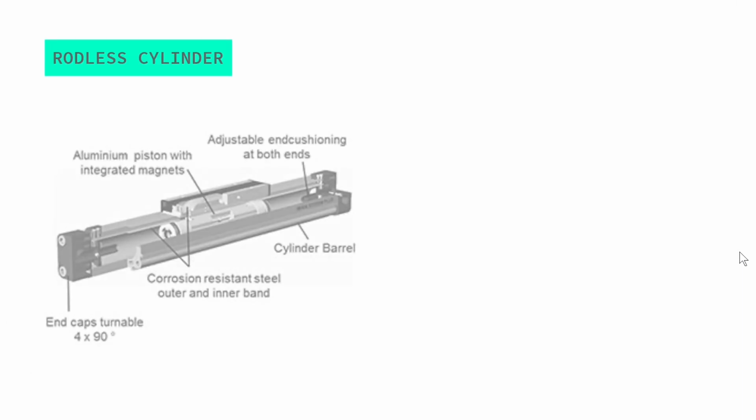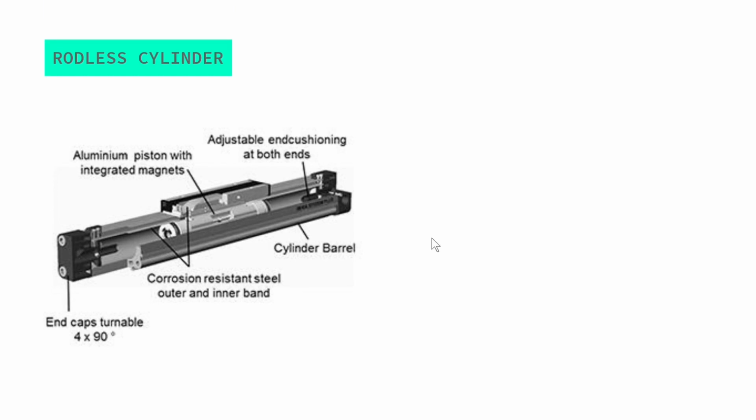Now we have rodless cylinders. As the name suggests, these cylinders don't have any rod. It just has a long piston, and it has a slider also. This piston and slider should be attached together, so they are usually attached mechanically or using magnets or whatever mechanism we can use.